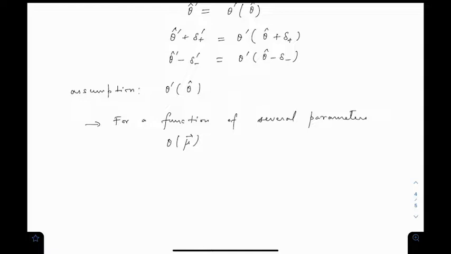If the complete likelihood function is available, we derive the error limits from the profile likelihood function.